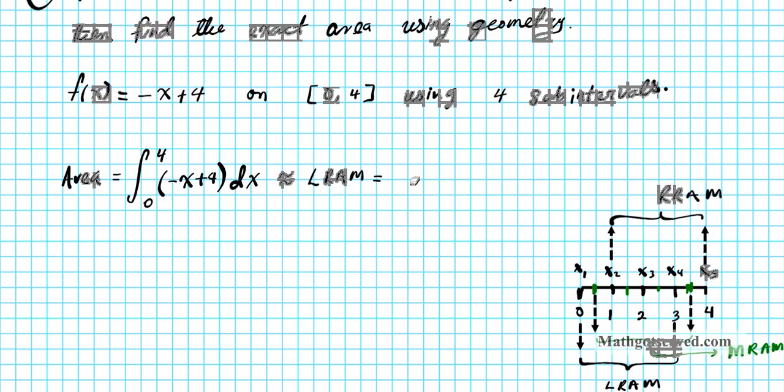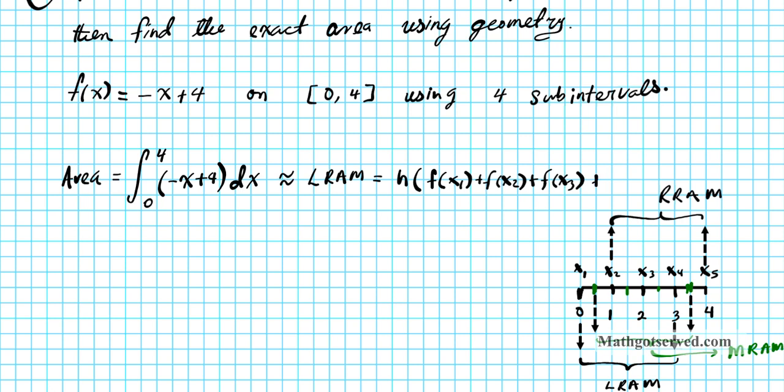We have the individual heights of the rectangles, h, times f of, for LRAM, all the points to the left of x5: x1, x2, x3, and x4. So f of x1 plus f of x2 plus f of x3 plus f of x4. That's what our LRAM is going to be.